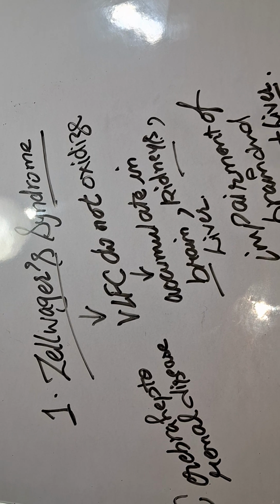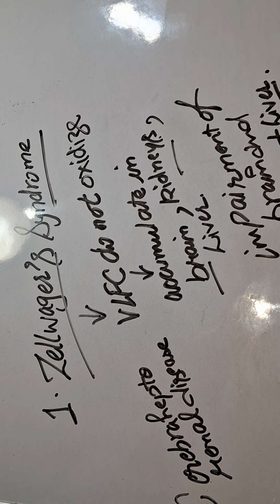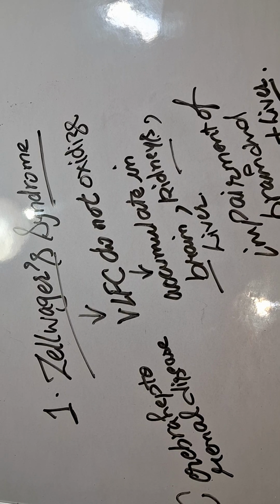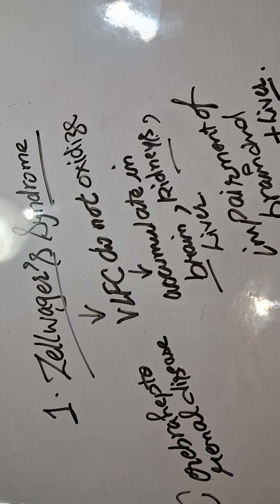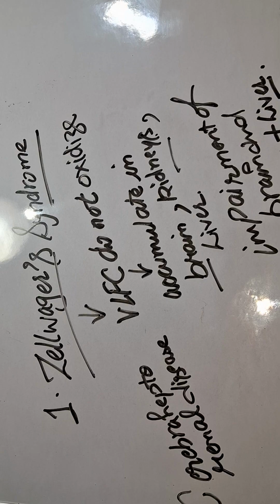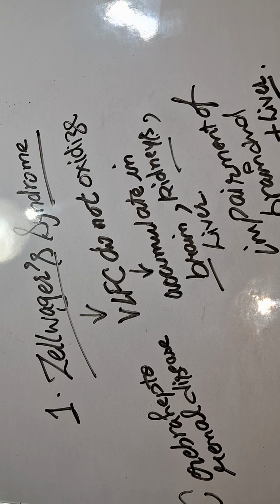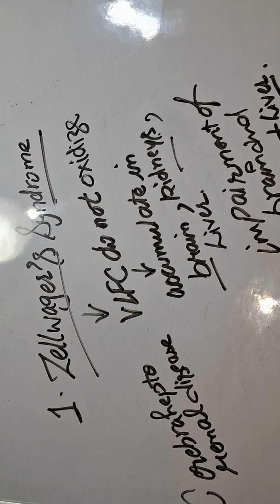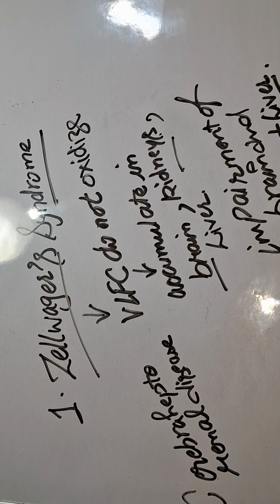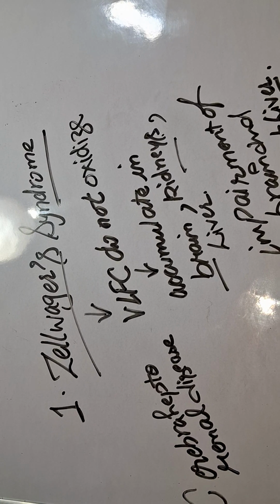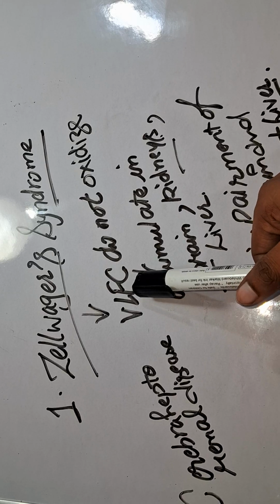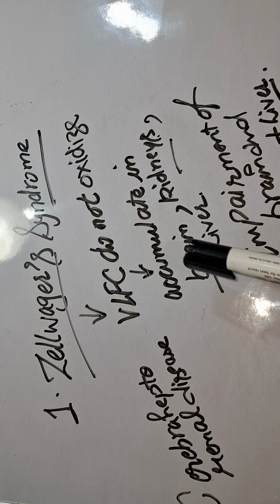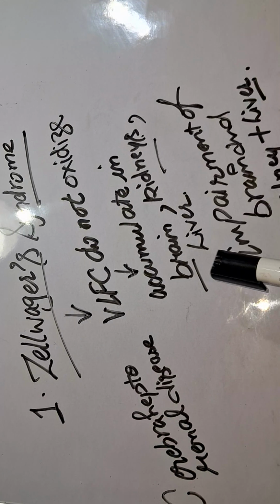Okay, once again I will summarize. Zellweger syndrome. Peroxisomes' main function is that it will oxidize the very long chain fatty acids. So if somehow they fail to oxidize the very long chain fatty acids, they will accumulate in brain, kidneys and liver.